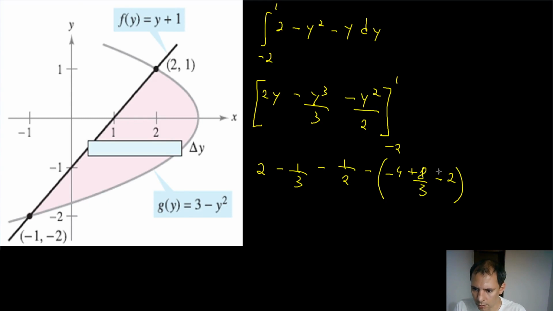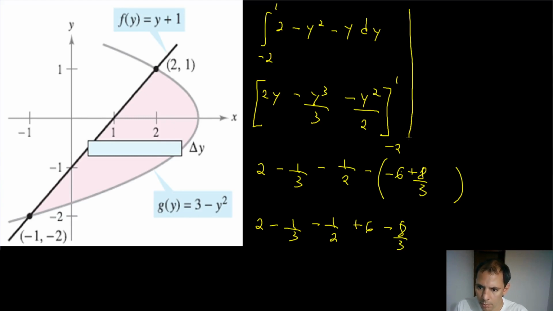I'm going to try to already make things easier here. Minus 6, right? So it'll be 2 minus 1/3 minus 1/2 plus 6 minus 8/3. I'm going to finish it up here. With a common denominator of 6, it'll be 12 minus 6 divided by 3, 2 times 1, 2.